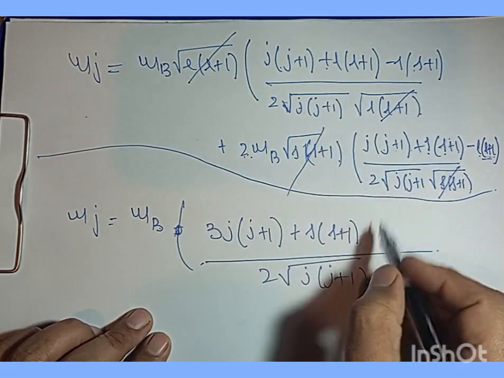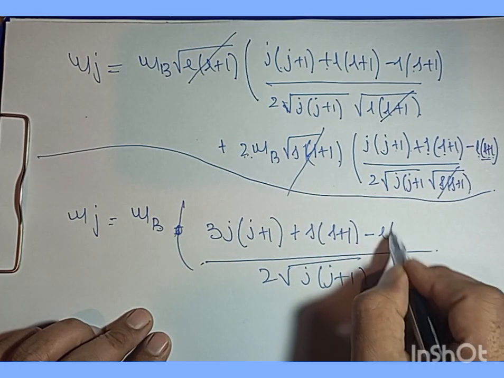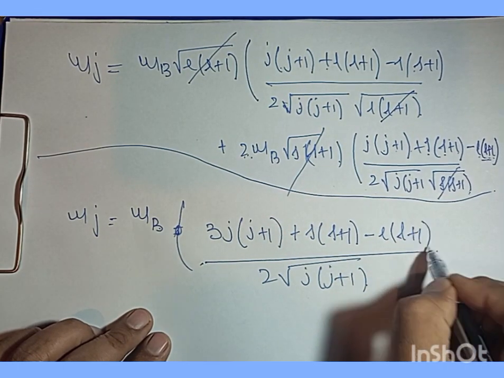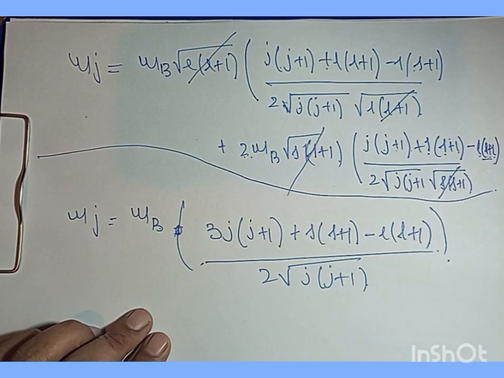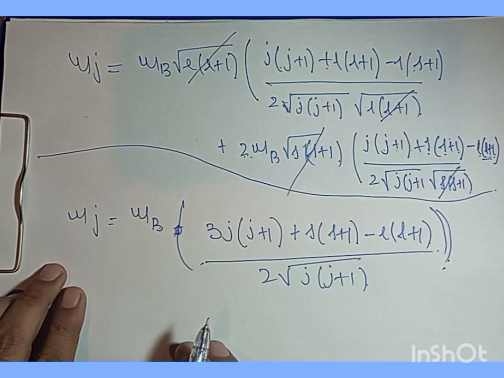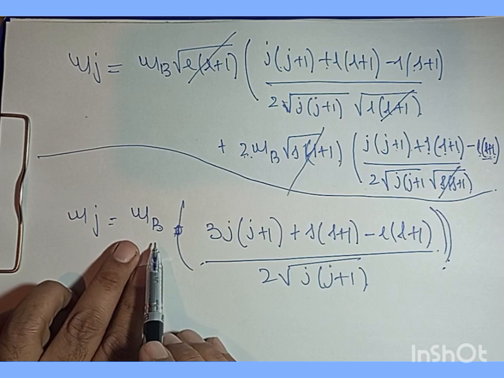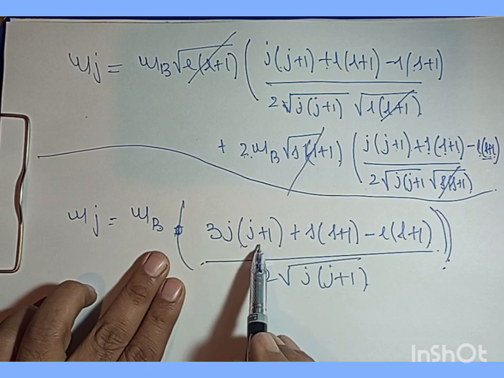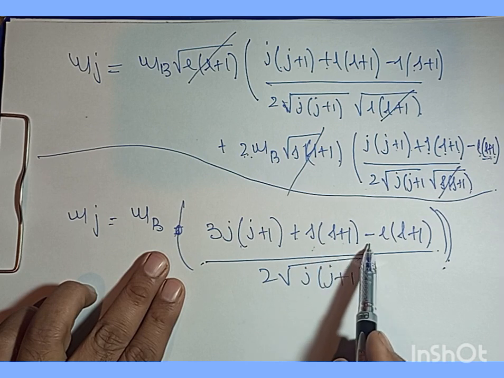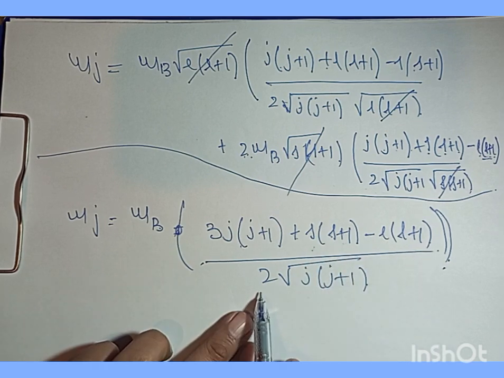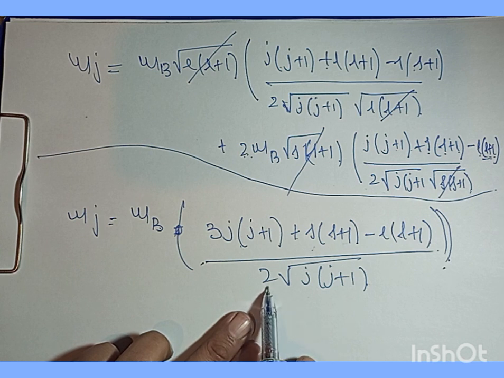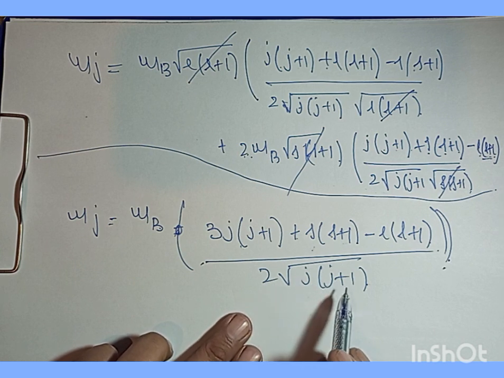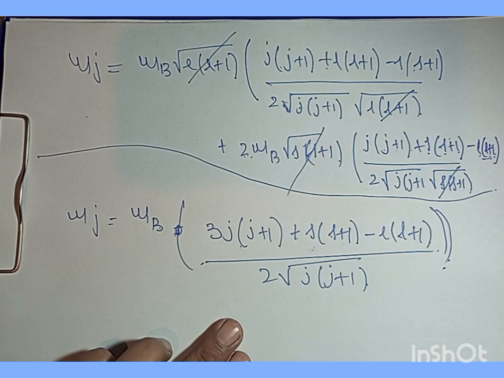The 2 will be subtracted, so we will have negative L times L plus 1. That should be the case. Okay, so this is mu j is mu b times 3j times j plus 1 plus s times s plus 1 minus L times L plus 1, divide by 2 under root of j times j plus 1.